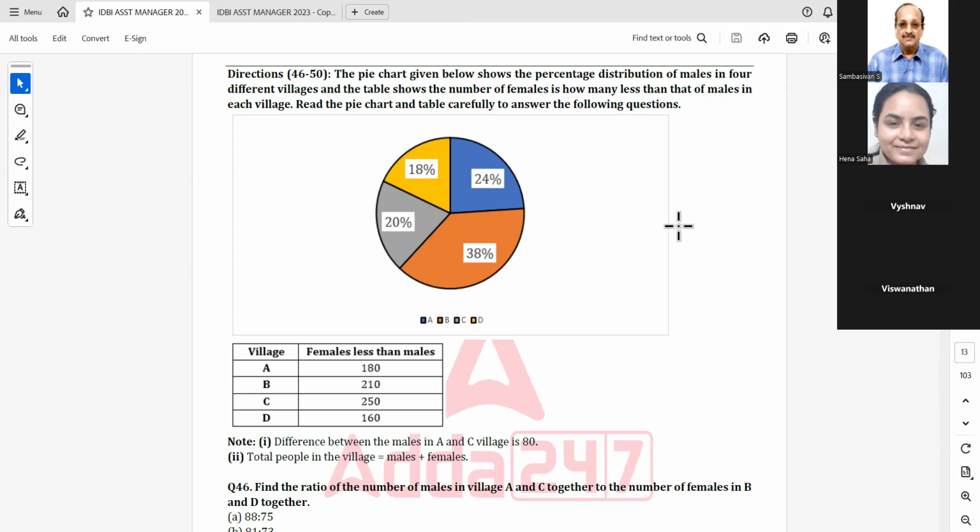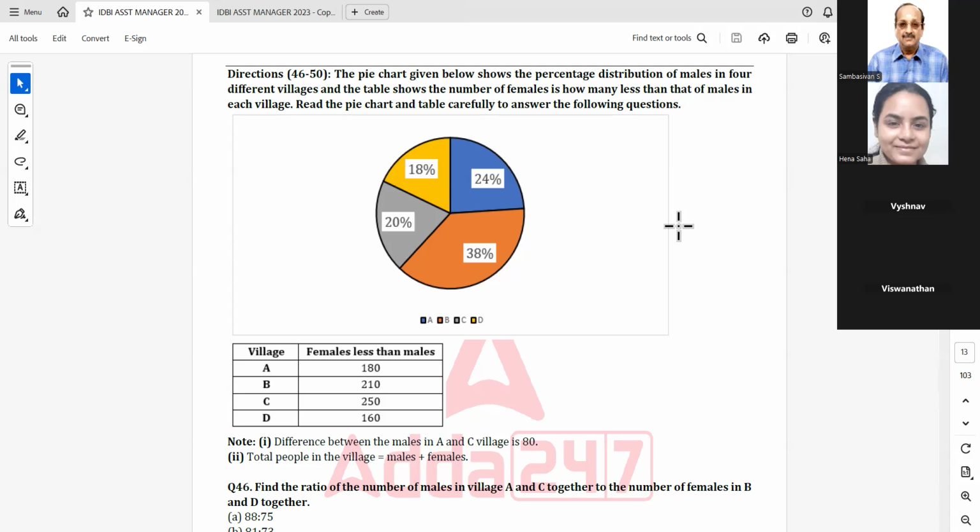And the table shows how many females are less than males in each village. Okay, fine. Then one more piece of information they have given: the difference between the males in A and C is 80. Males are 24% in A and 20% in C. The difference is 80.